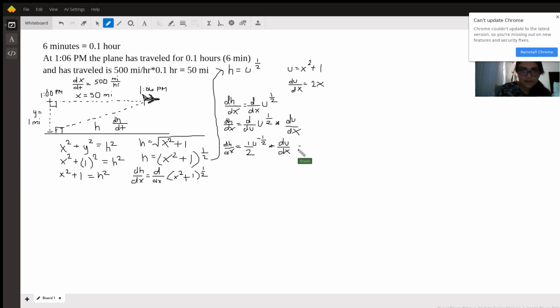So that would be equal to 1 over 2 u raised to the 1/2 power. Remember, if it's a negative exponent, it goes in the denominator. You would do that times du over dx.